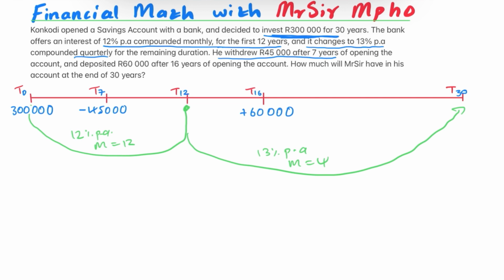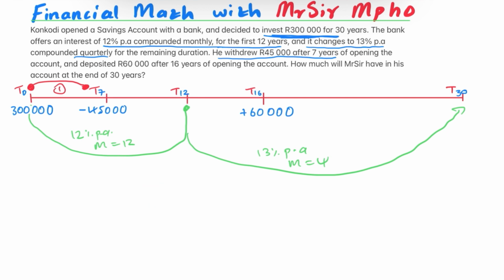So now I can see. Now I'm going to use maybe red. I can use red and show you where the changes occurred. We start at T0 and the first change happened at T7. So I'm going to go here and make my first calculation. Then subtract 45,000 Rand from the answer and grow again. Remember, when I'm moving in this direction, I'm growing my money, right?